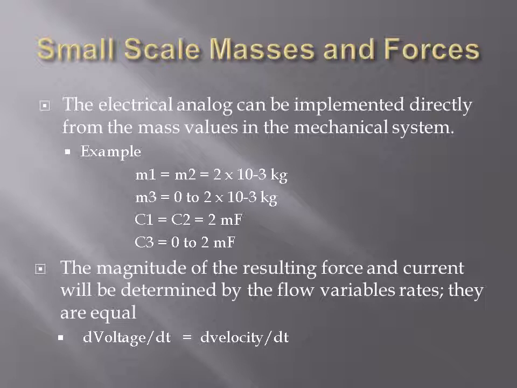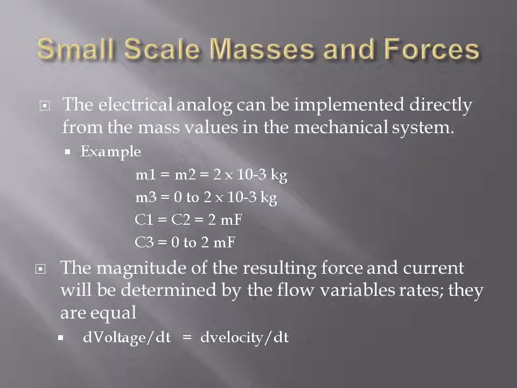This can be implemented in the electrical system by a capacitor C1 and C2 having 2 millifarad value, and a differential variable capacitor C3 that can range from 0 to 2 millifarad in value. This is a direct implementation from mechanical to electrical.